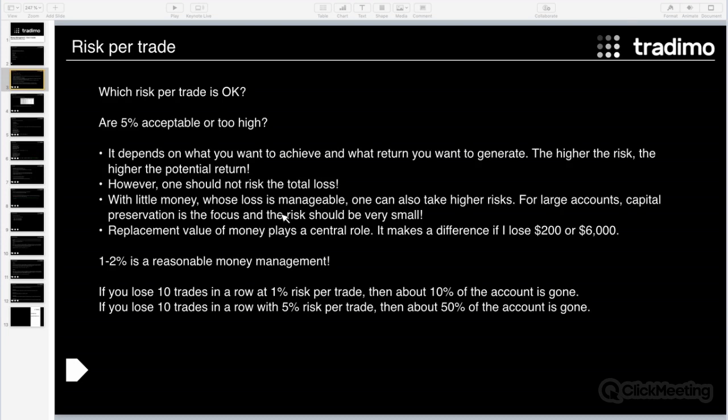Good. Okay. And then the next statement you can read here is 1 to 2% is a reasonable money management. And I would highlight this and underscore this, because in my trading world, a risk of 1% is okay.